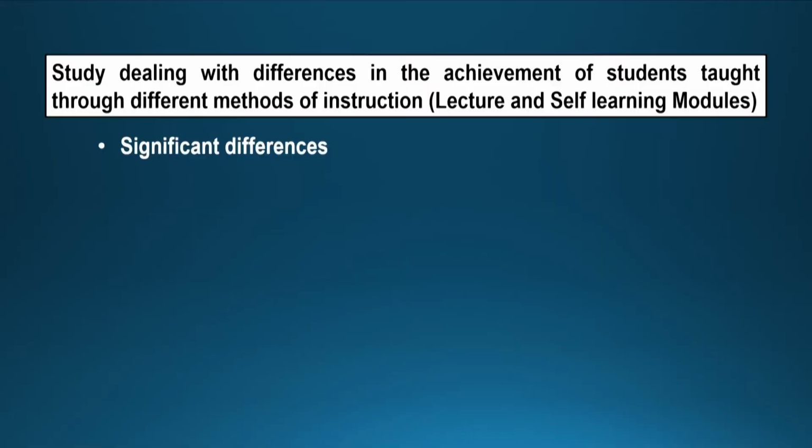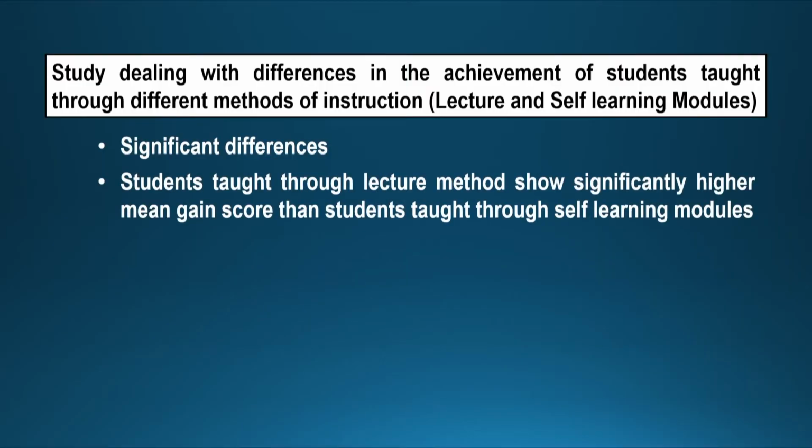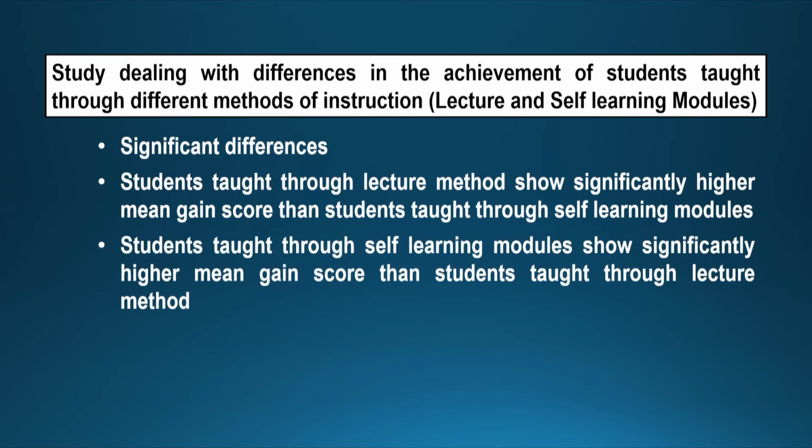And within the significant differences, you can find that students taught through lecture may outperform the students taught with self-learning modules, or vice versa, that is, students taught through self-learning modules outperform the students taught through the lecture method. So that becomes the basis for synthesizing the related literature.